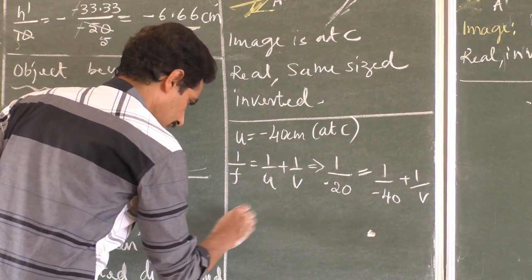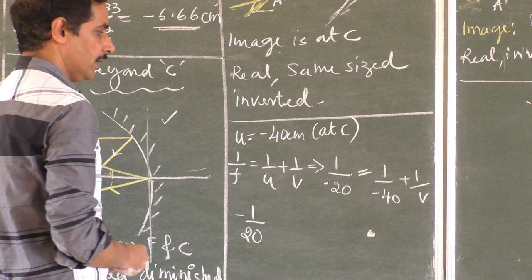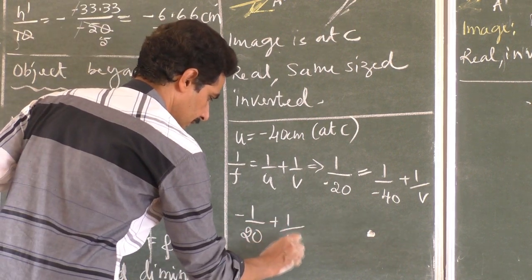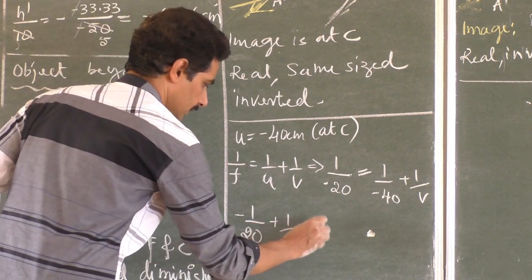So we will solve this. Minus 1 by 20 plus 1 by 40 is equal to 1 by V.